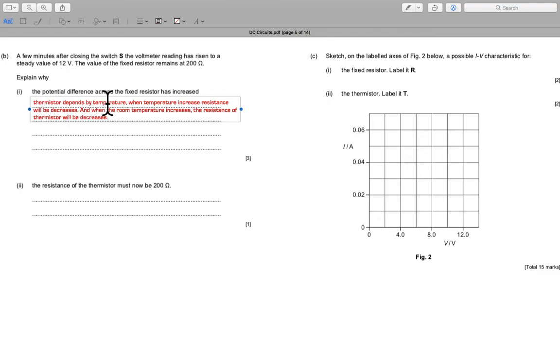So when the potential difference across the fixed resistor increases, the room temperature is actually decreasing here, because the fixed resistor's share is increasing. Now the resistance of the thermistor must now be 200.